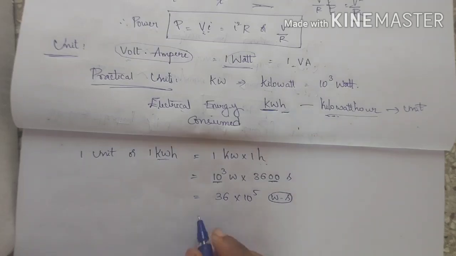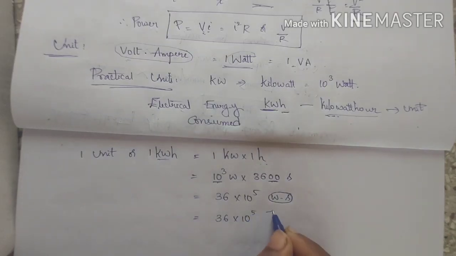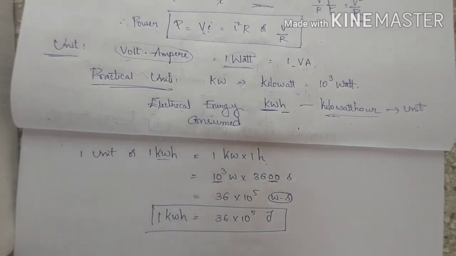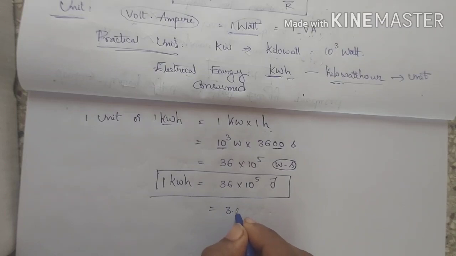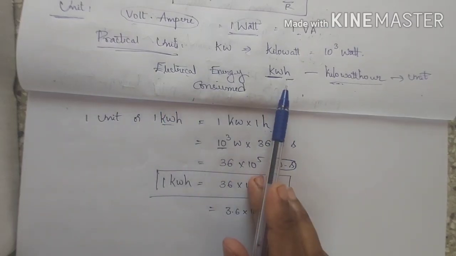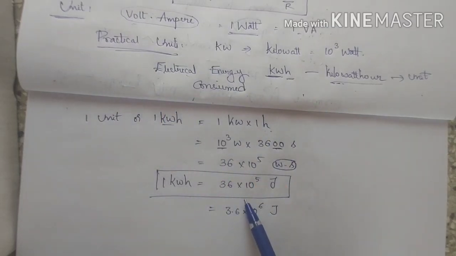What is watt second? Joules. So 1 kilowatt hour, this value is very important, is 36 into 10 power 5 joules, which can also be written as 3.6 into 10 power 6 joules.